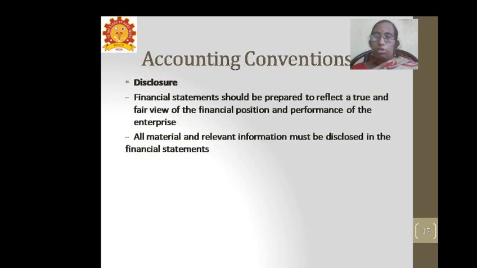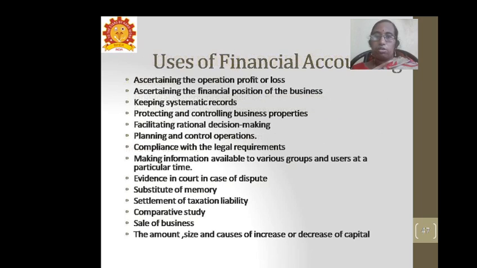And next we have the accounting convention of disclosure. All the financial reports are to be properly disclosed and a fair view of the financial position and the performance is to be given.